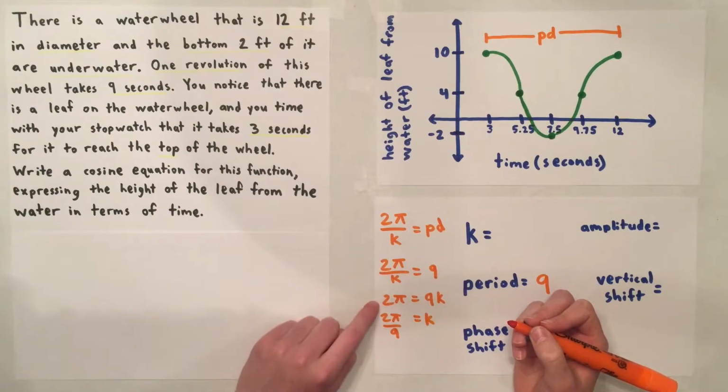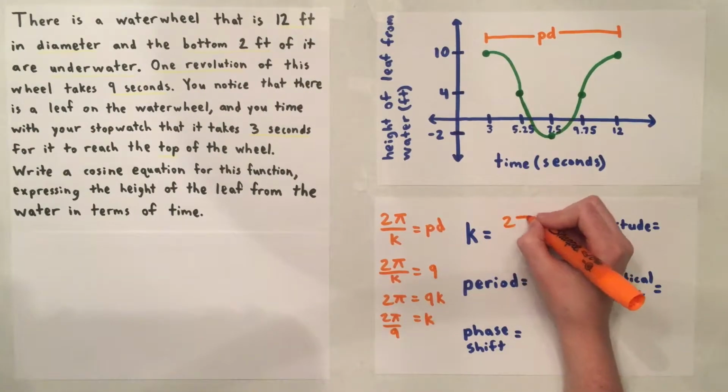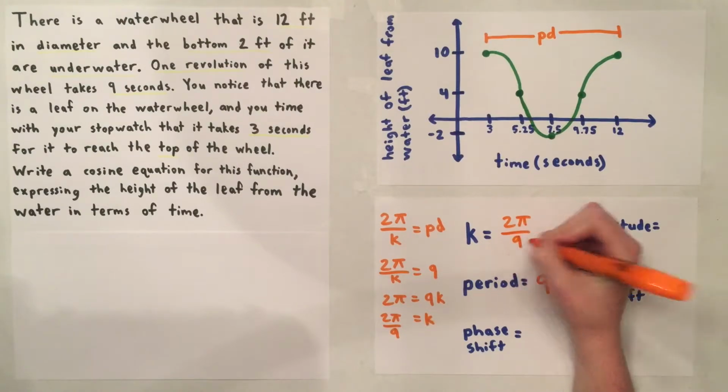So, we have solved for k, and we find that k is equal to 2 pi over 9.